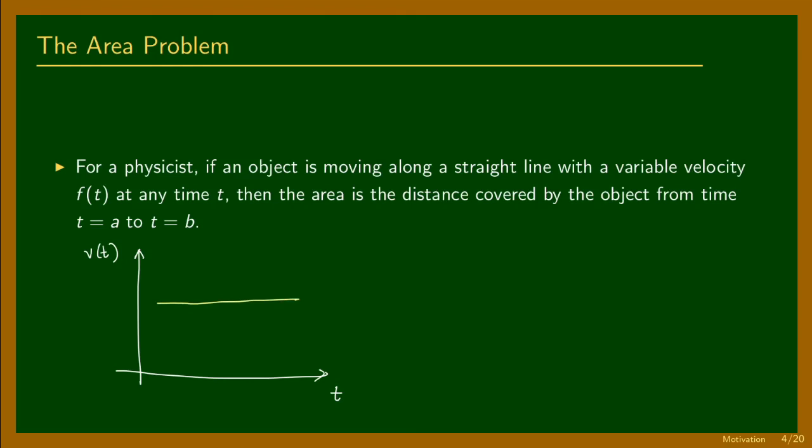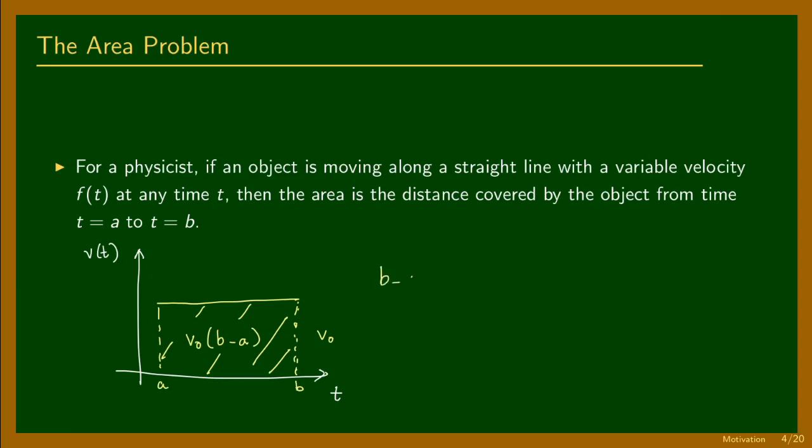Why would the area under the graph represent the total distance covered? Because the area, let's say the constant velocity is v0, so this height is v0, so the area under the graph is v0 times b minus a, because this is just length times height, correct? So why does v0 times b minus a represent the total distance?